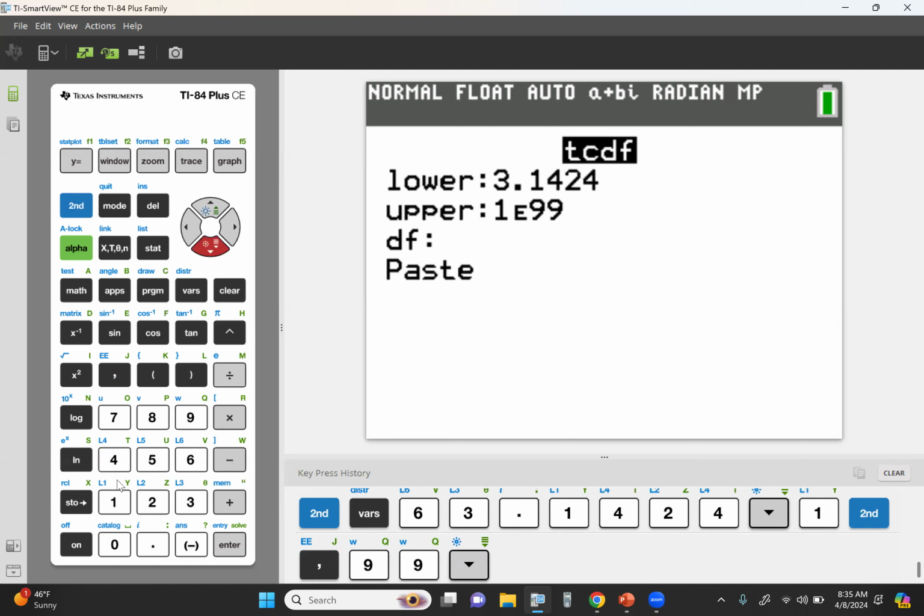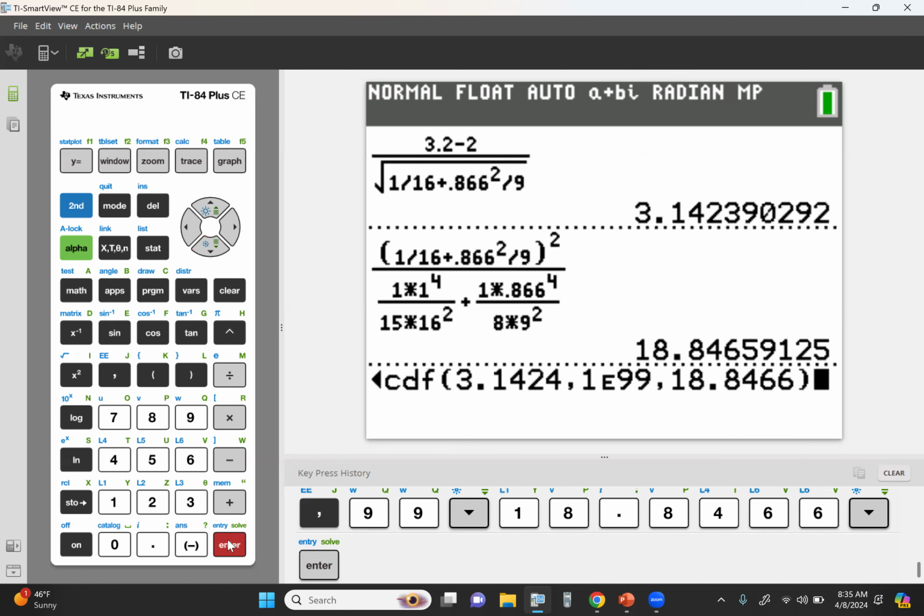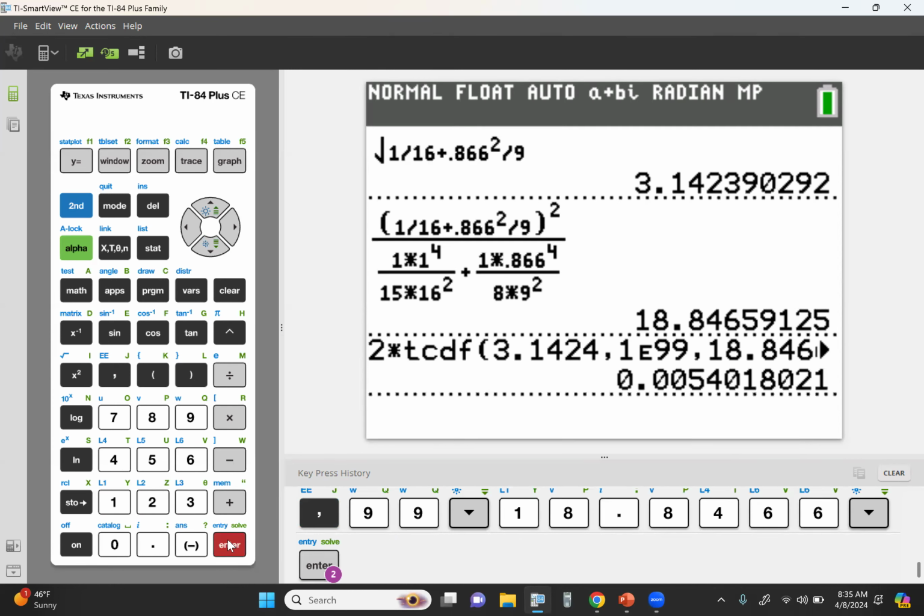And the degrees of freedom was what? 18.8466. The result is 0.0054. So the p-value is 0.0054.